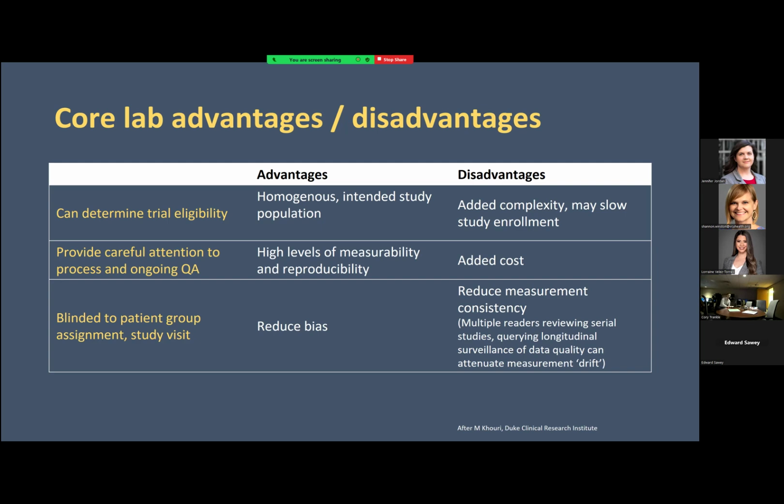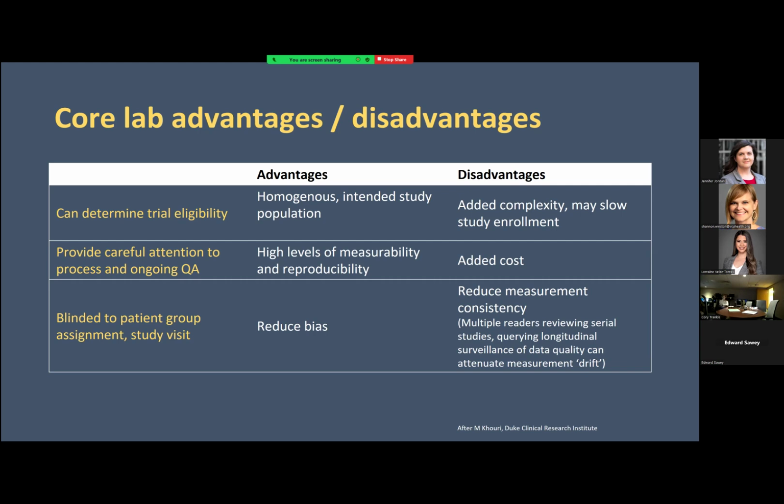Yeah, great question. So in summary, the core lab has many advantages, but I recognize the disadvantages as well. In terms of trial eligibility, we can make it a more homogeneous study. We can help focus on the intended study population for enrollment, but that does add some complexity to your study enrollment and can slow down the enrollment of patients and identification of eligible patients.